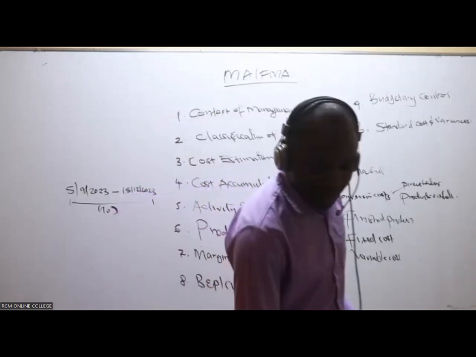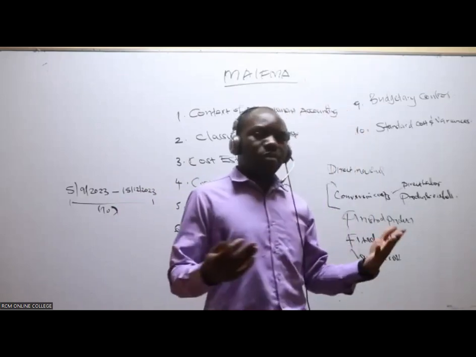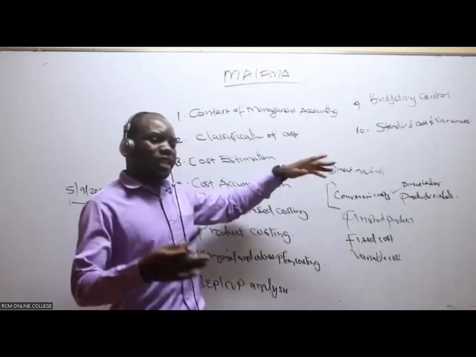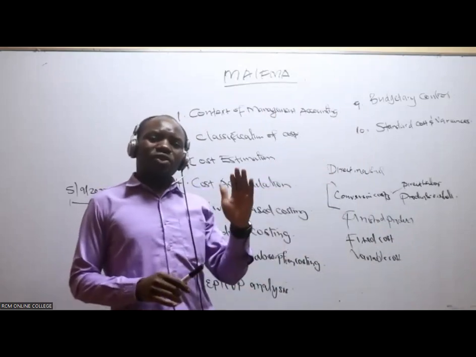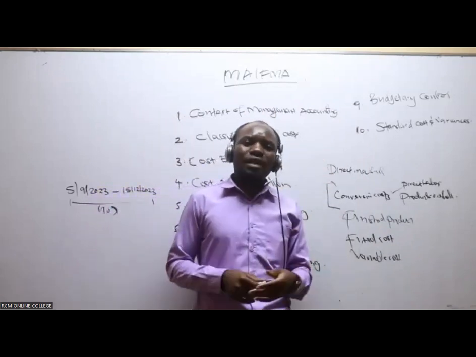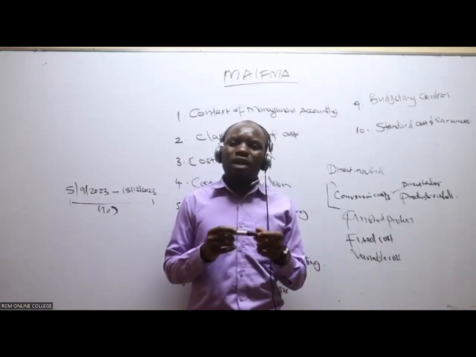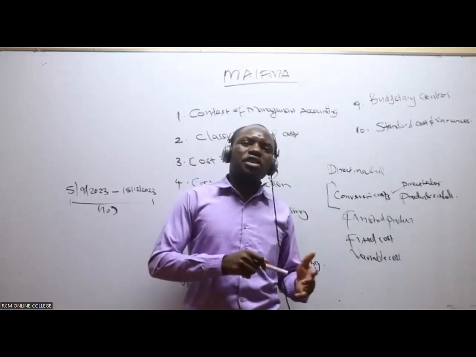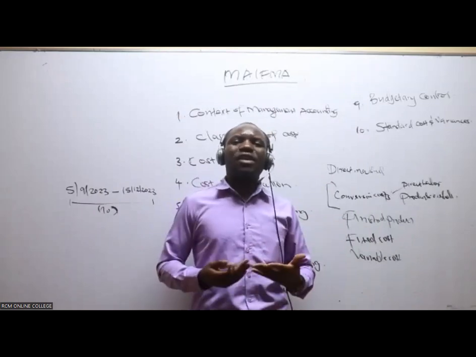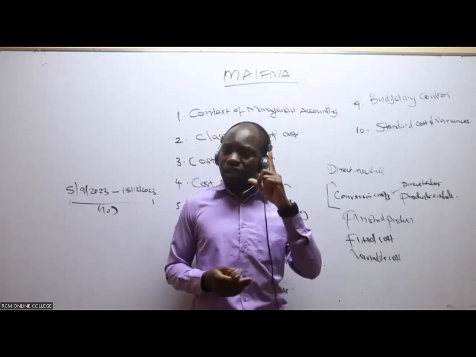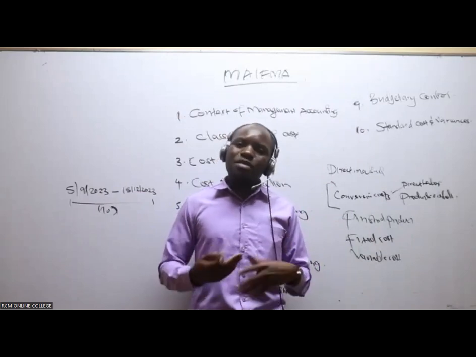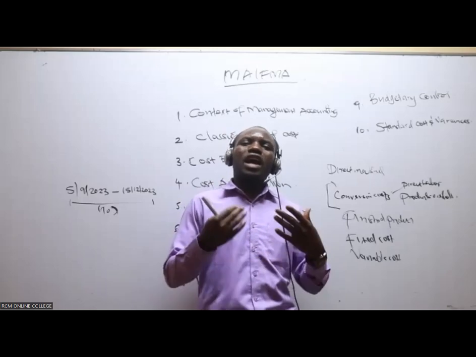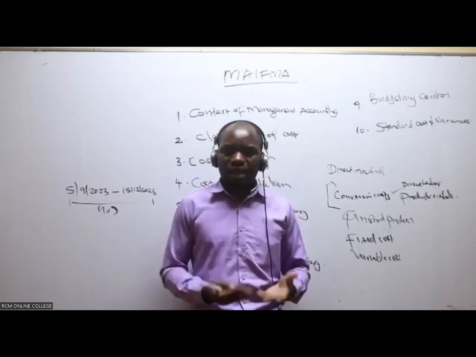I've done my analysis, and the marketing department has said, or the sales department, that we need to sell 10,000 units. From that point, we need to understand how many units do we want to have in our store? That is finished product, maybe for any emergency. Then, how many units do we have in the store as at today?